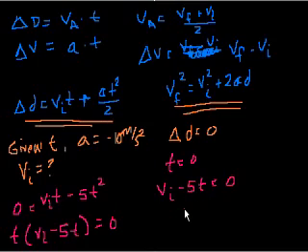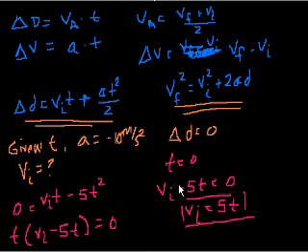Or, since I'm solving for velocity, we know that vi is equal to 5t. Interesting. So, what does this say? There's 2 times. If we knew the velocity, we could solve it the other way. We could say that t is equal to vi divided by 5, right? These are the same things, just solving for a different variable. But that's cool, right? Because there are 2 times when the change in distance is 0.